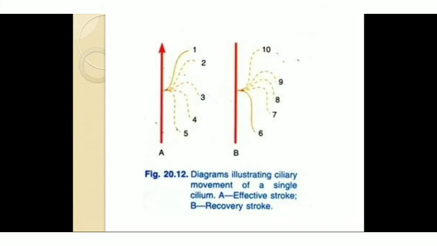We can see the position of a single cilia from position 1, it goes to position 2, 3, 4 and 5. So this is the effective stroke, where the cilia beats backward, from position 1 to position 5.